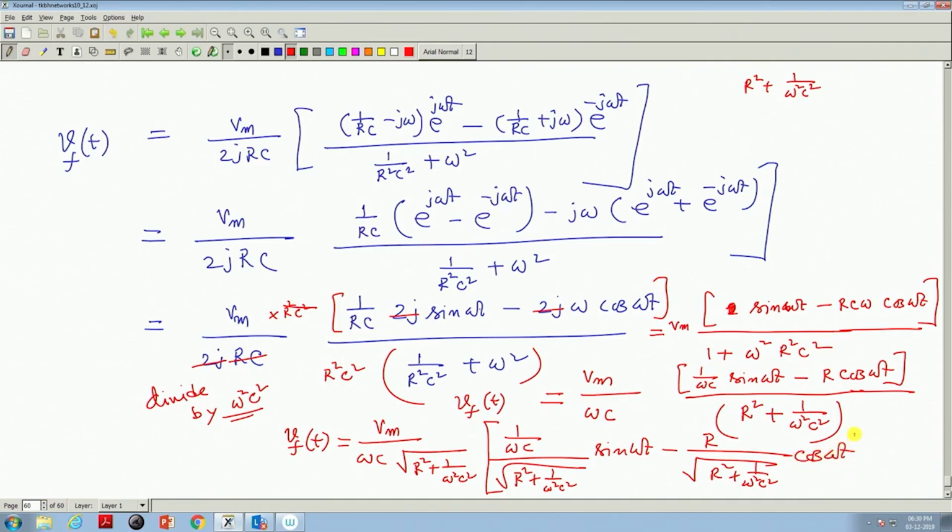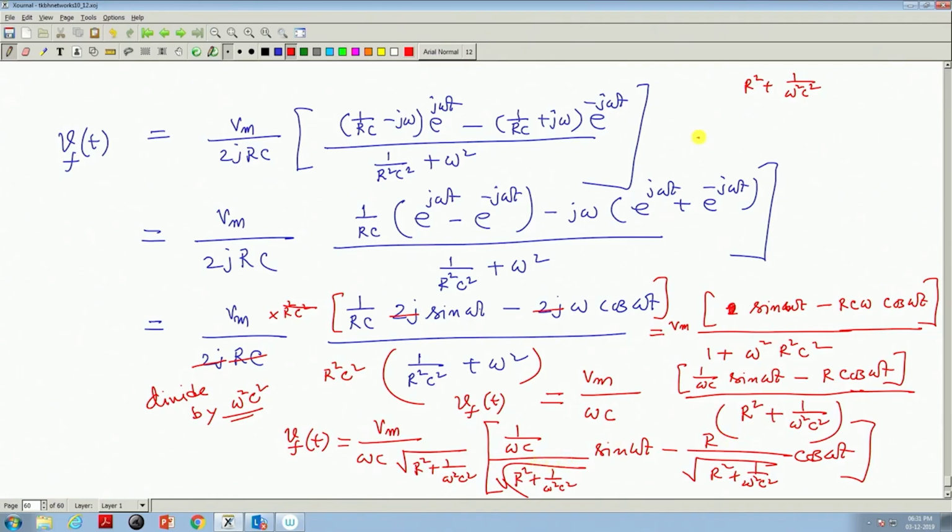Hopefully, I have done it correctly. You check it nonetheless. Then you define this to be sin theta and this to be cos theta. Then sin A sin B minus cos A cos B. Clear?